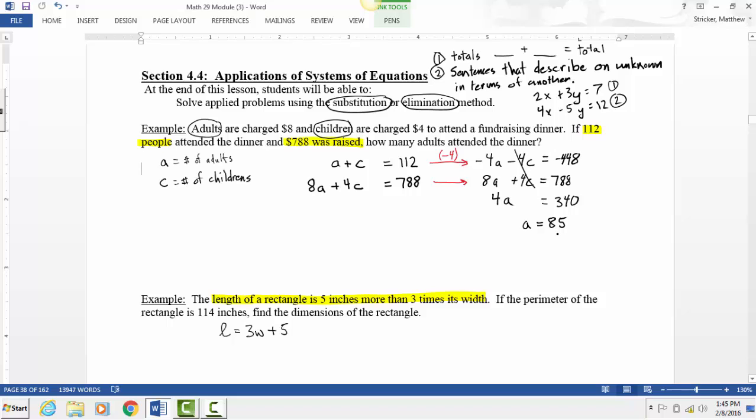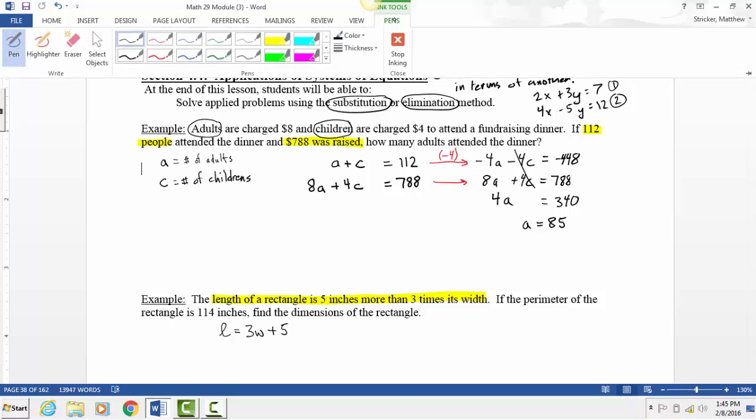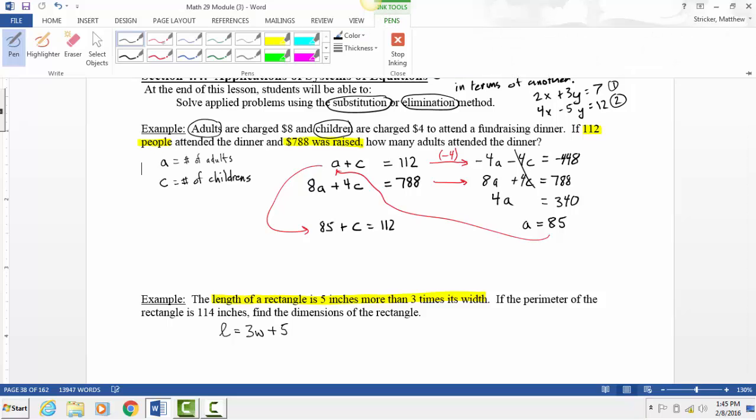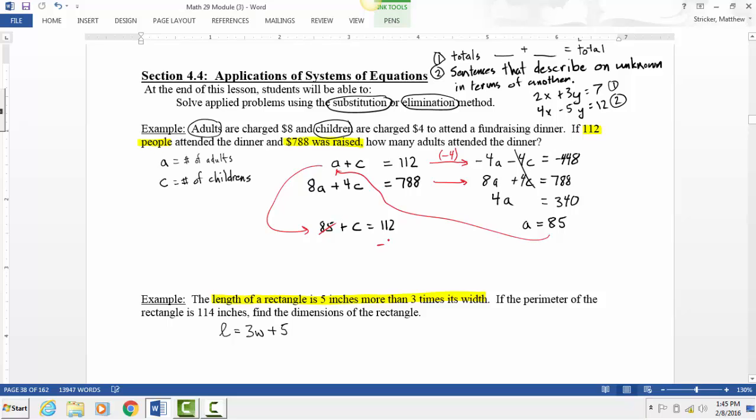I would probably substitute it back into the first equation because it's simpler. So we plug that in for a. This becomes 85 plus c equals 112. Move that 85 over to the other side. Subtract it from 112, and we get our number of children. Our number of children is equal to 27.